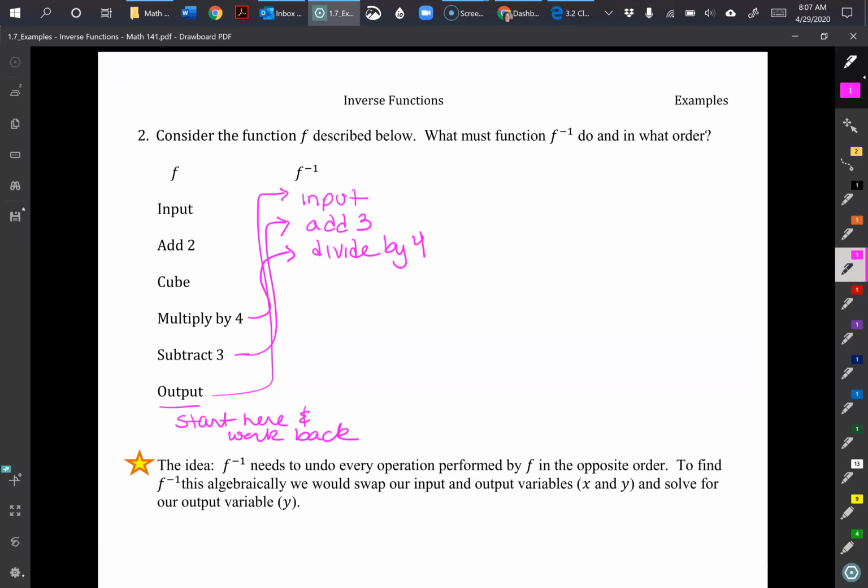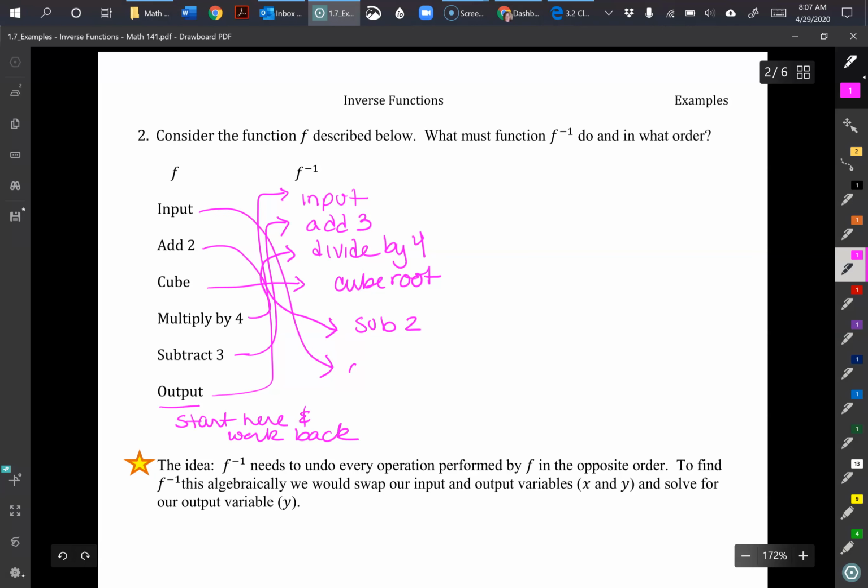Now, if we have our cube, we're going to do cube root to undo that. And I'll show you how this works with the symbols. If we add 2, then we are going to subtract 2. And then input, we end up with our output at the end.